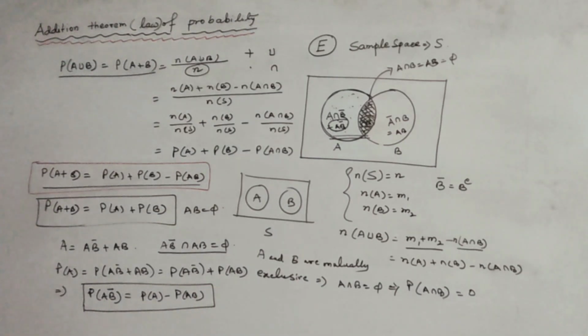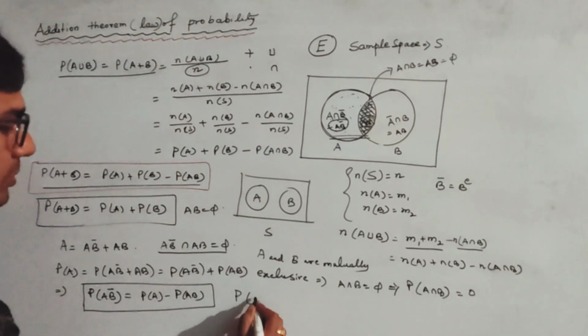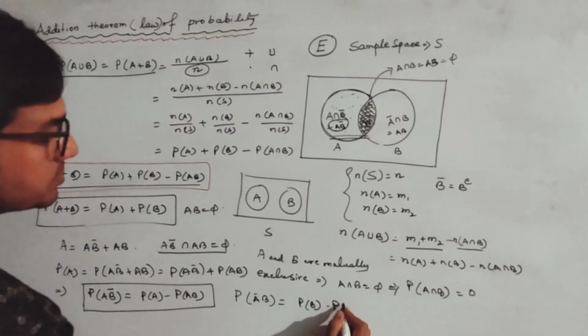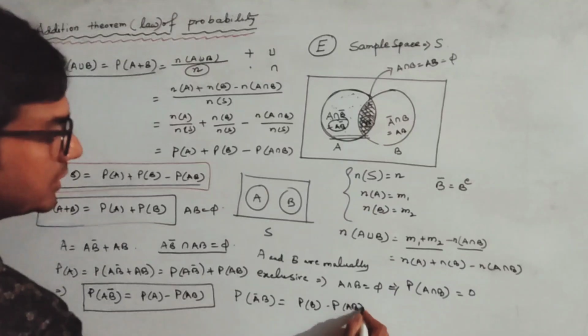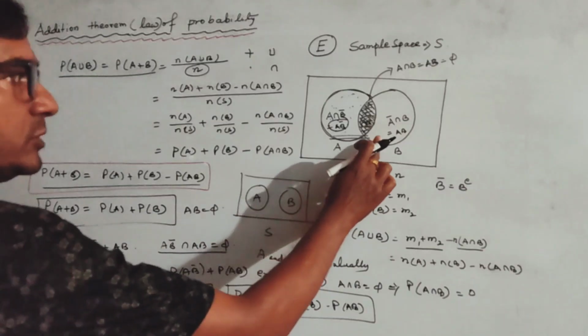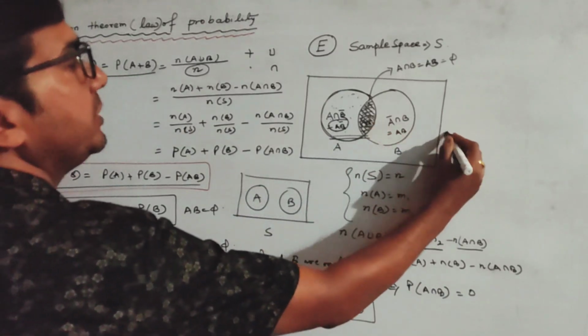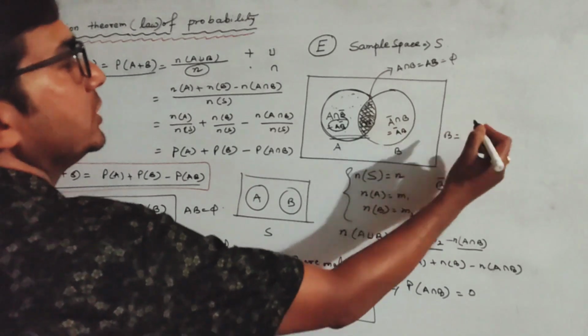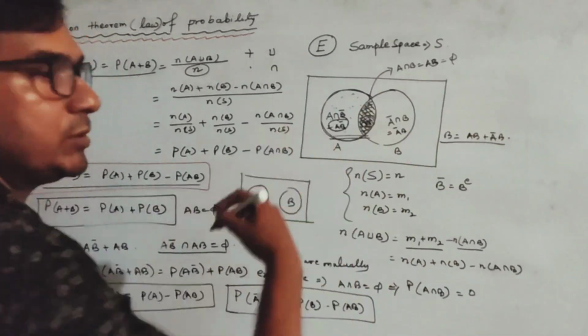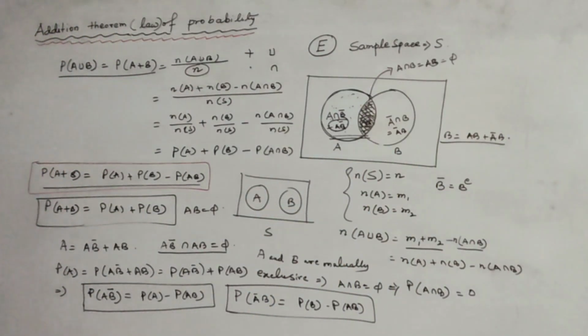Similarly, we get P of A bar B equal to P of B minus P of AB. This formula can also be deduced from the picture. If we write B equals AB plus A bar B, and take probability on both sides, then we get this result, right?